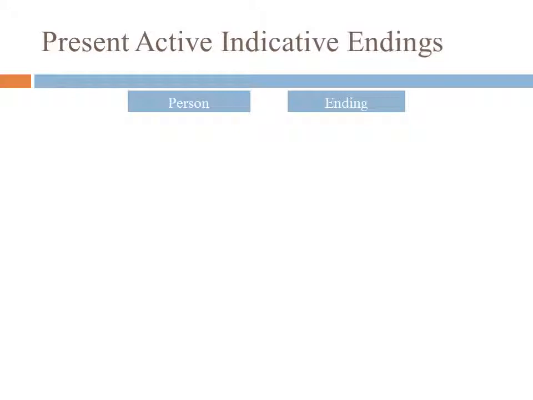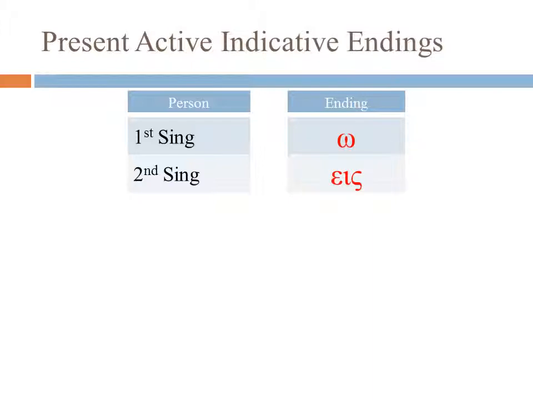Present active indicative endings. The endings are going to change according to person. So let's look at the endings. This is just the endings. The person, if it's first singular, and that is I, the ending is an omega, O. If it's a second singular, which is you, epsilon iota sigma, eis.